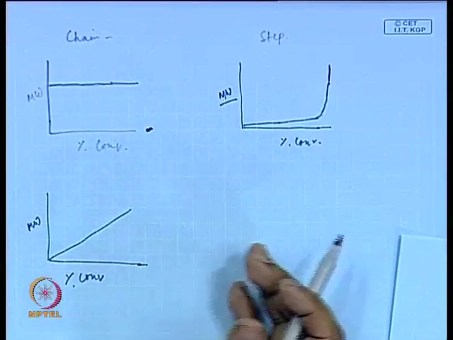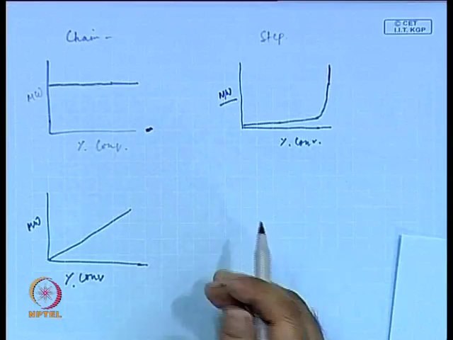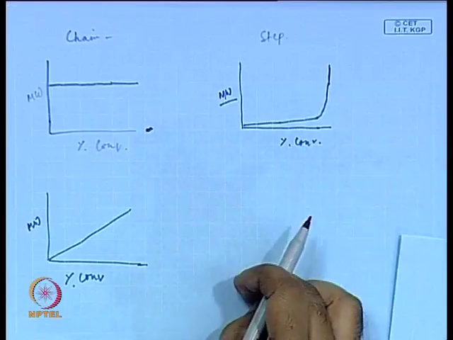But if you have a situation where your initiation is faster compared to the propagation or chain formation rate, that means the initiation happens quickly at the beginning, and as the monomers get added to the reactive chain ends, your polymer chain grows linearly.